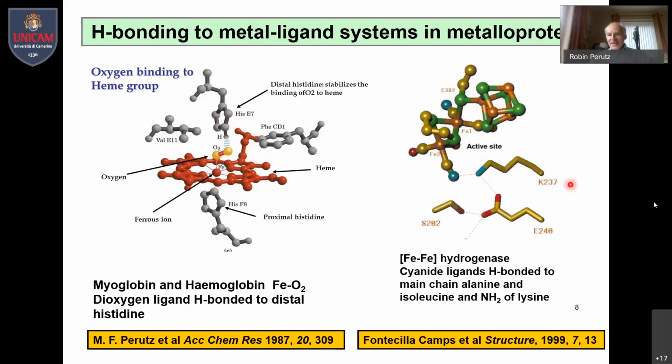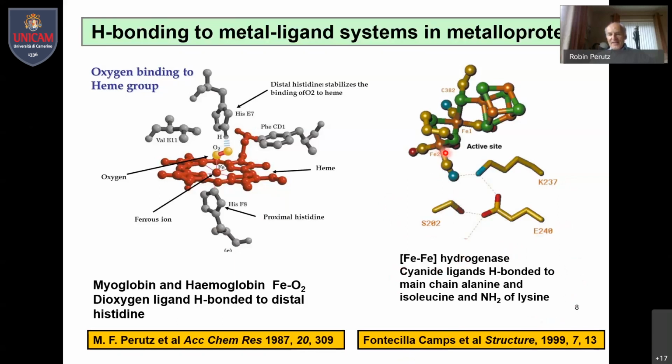On the right here, I've shown hydrogenase. This is the iron-iron hydrogenase, and the crystal structure comes from Fontecilla-Camps.